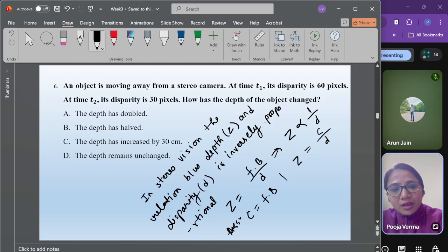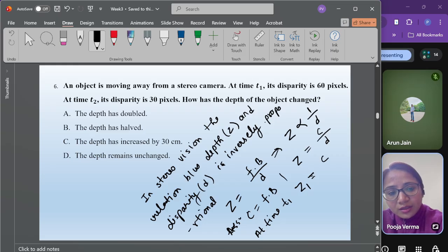So here it is given at time t1, its disparity is 60 pixels, right? So let's say at time t1 the depth is z1, because we need to find how the depth will be double.